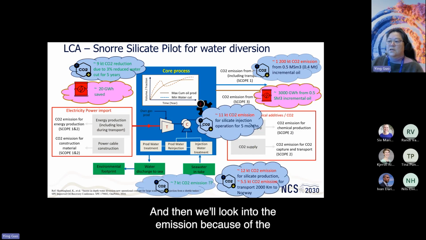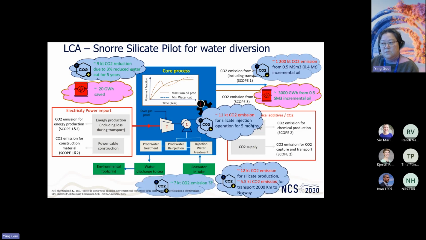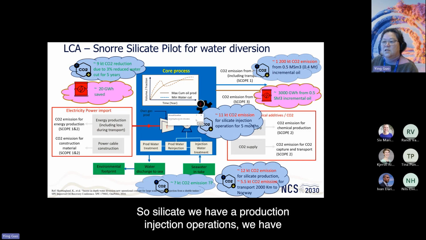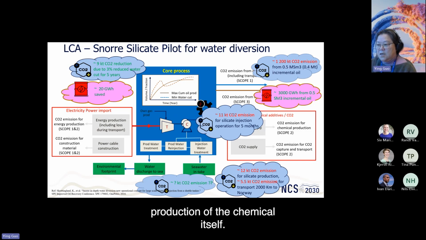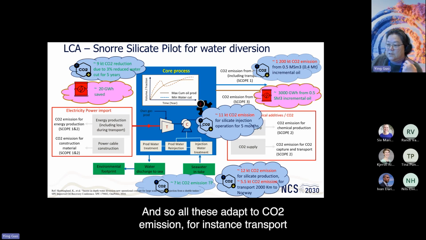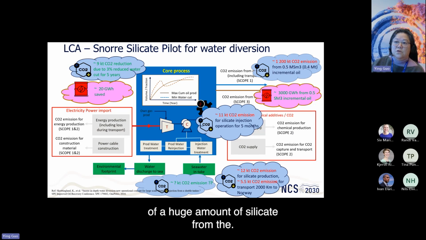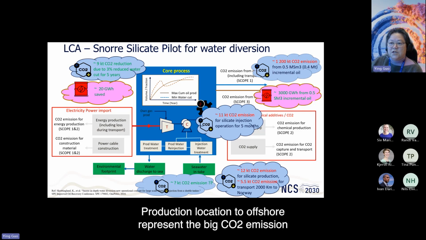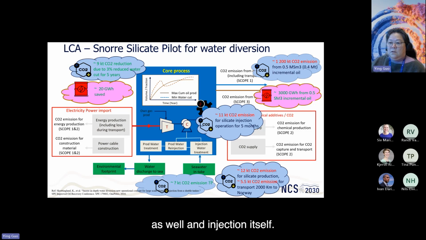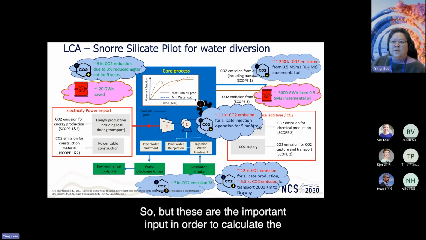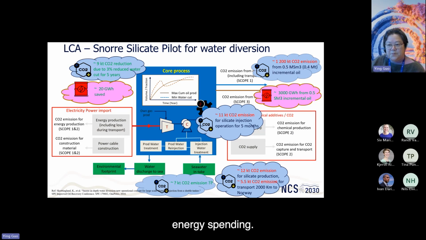And then we look into the emission because of the operation. For silicate, we have the production of the chemical itself and the injection operations, and all these add up to CO2 emission. For instance, transport of a huge amount of silicate from the production location to offshore represents a big CO2 emission as well, and so does the injection itself. These are the important inputs in order to calculate the energy spending.